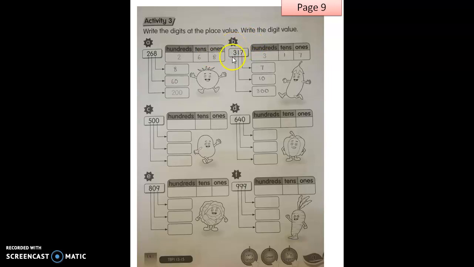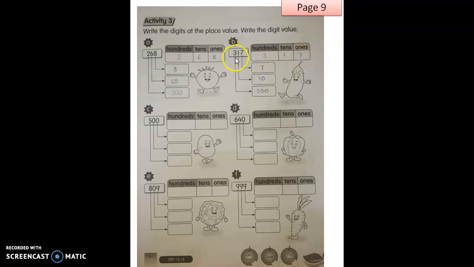One more example. B, 317. 100. Which one is 100? Yes, 3. 10. 1. 1. 7. Right here, 7.